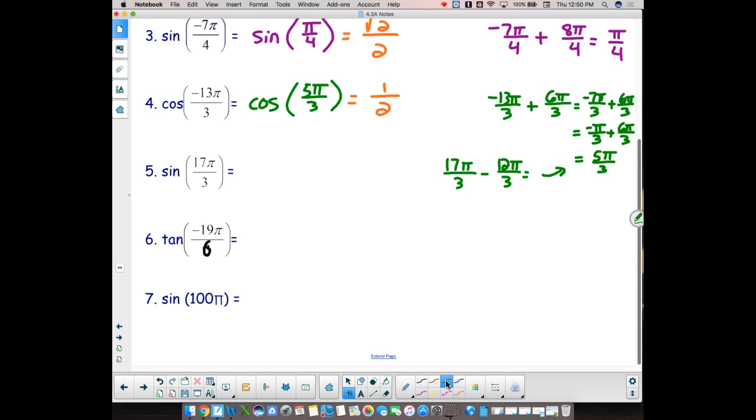So this is the sine of 5 pi over 3, which is -√3 over 2. Agreed?